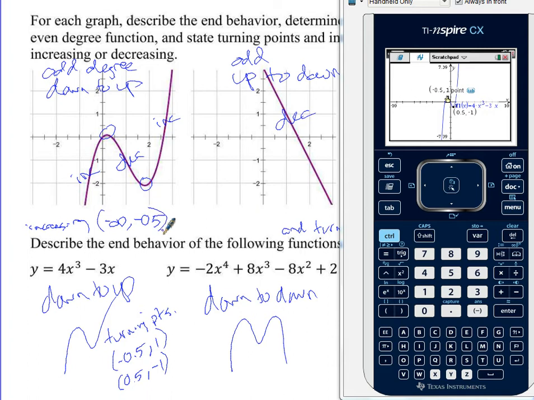And we're also increasing, so and, we start increasing here again, which was at 0.5, so 0.5 to infinity. We're decreasing, I don't have room, so I'm sorry I'm writing this all over the place, but we're decreasing where?